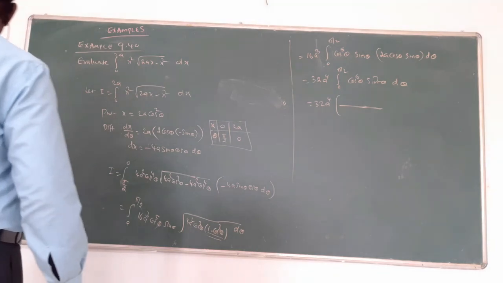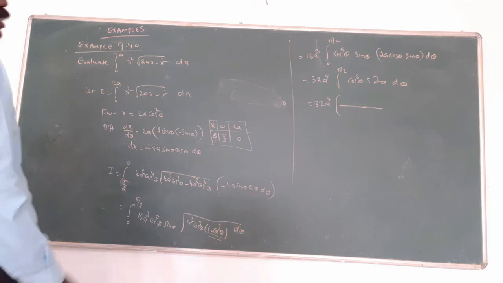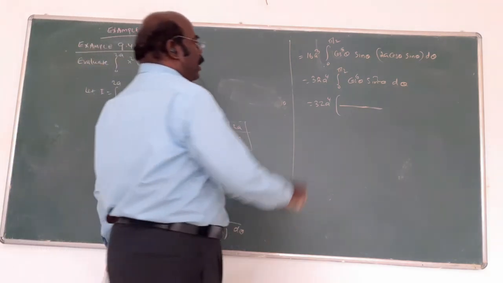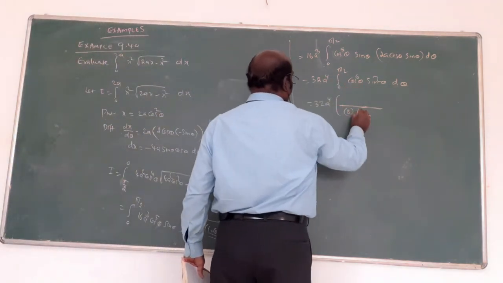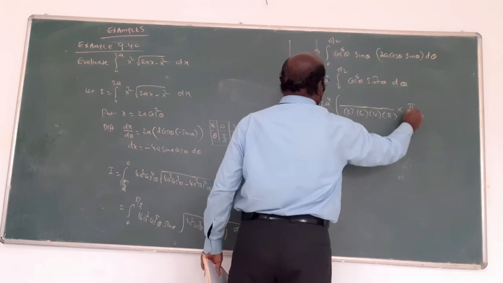The first one is what? The first one is actually 6 plus 8, then 6, then 4, 2, both are even: 5 into 2.